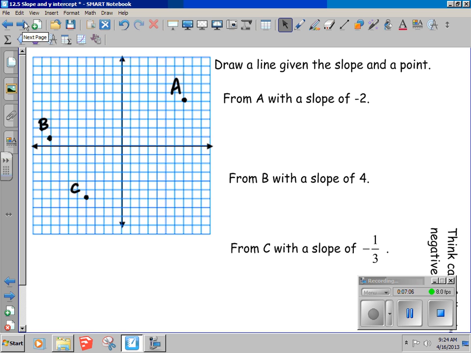All right. So this is what we didn't get to yesterday: drawing a line given the slope and a point. If we're at point A and we want to graph a line with a slope of -2, all we need is that one point to get us started. Here's why. We know that slope is the ratio of what, Rhea?